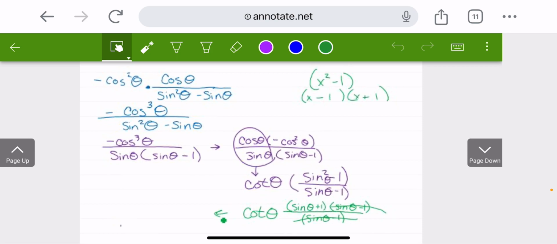And what we have as our answer, we're there, finally: cotangent theta times sine theta plus 1. That's our answer, because we don't have anything else we can do with our identities.